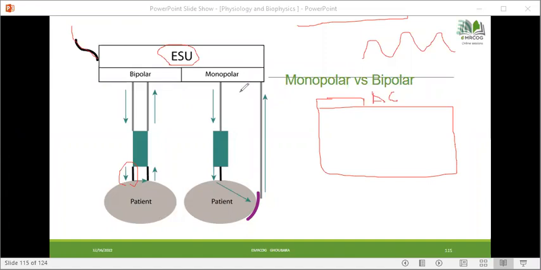In monopolar diathermy, again, the electricity will move in the cable and it will get out from this probe. This probe touches the patient or is near the patient. The electric waves will move through the patient's body and return to the device through the attached plate.